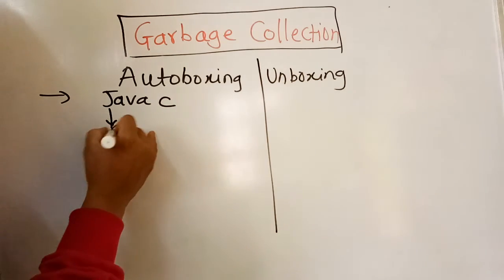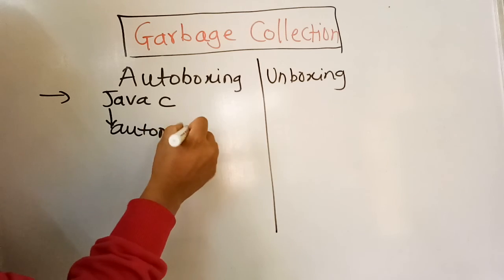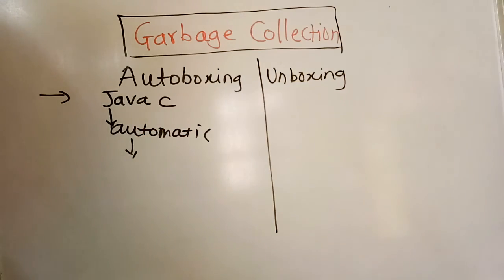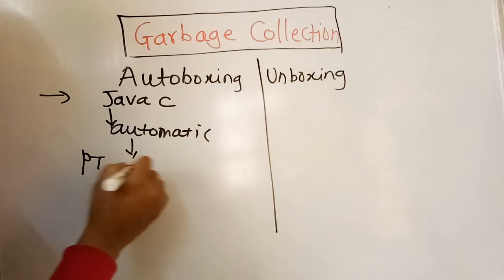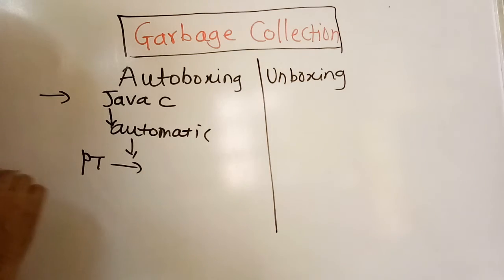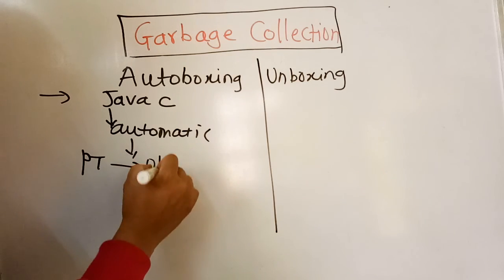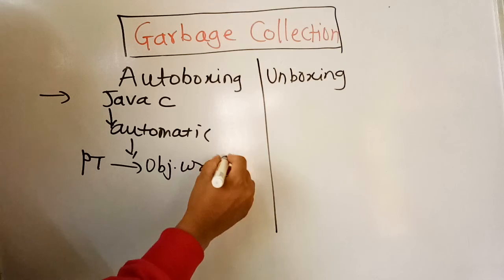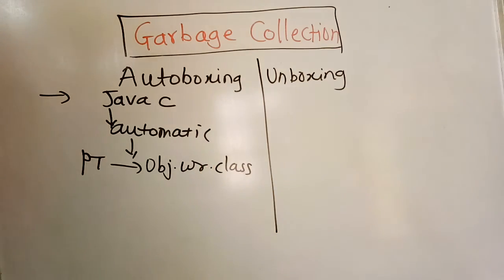It automatically converts your primitive types into their respective object wrapper classes, and it is known as autoboxing.